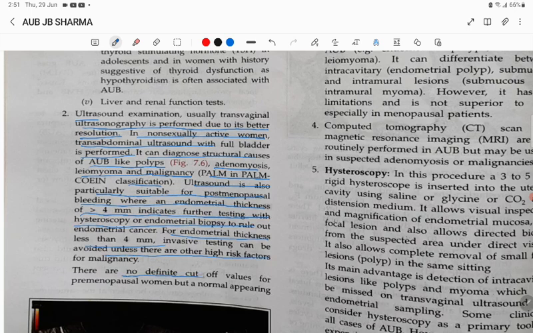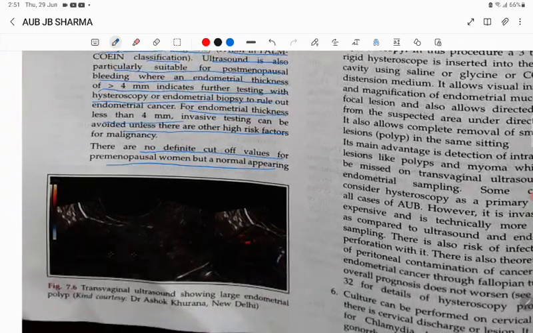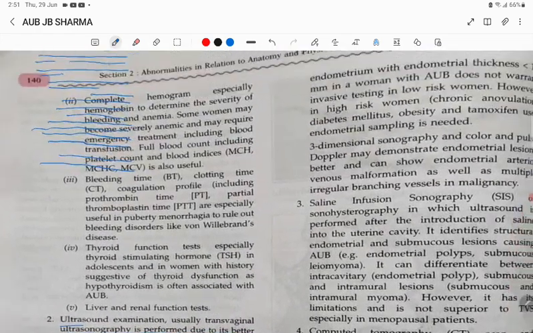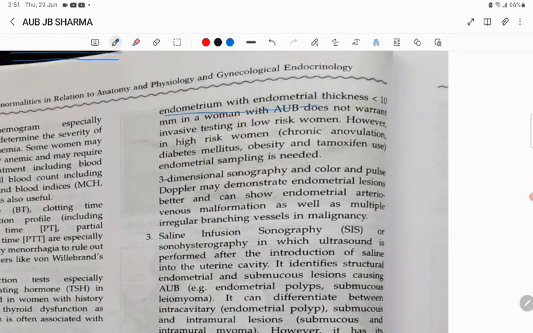There is no definite cutoff for premenopausal women. Transvaginal ultrasonography may show a large endometrial polyp. A normal endometrium with thickness less than 10 mm in women with AUB does not warrant invasive testing in low risk women.